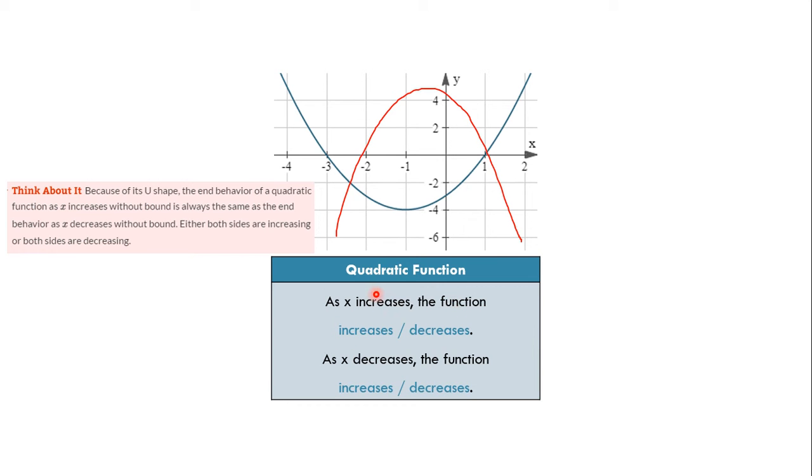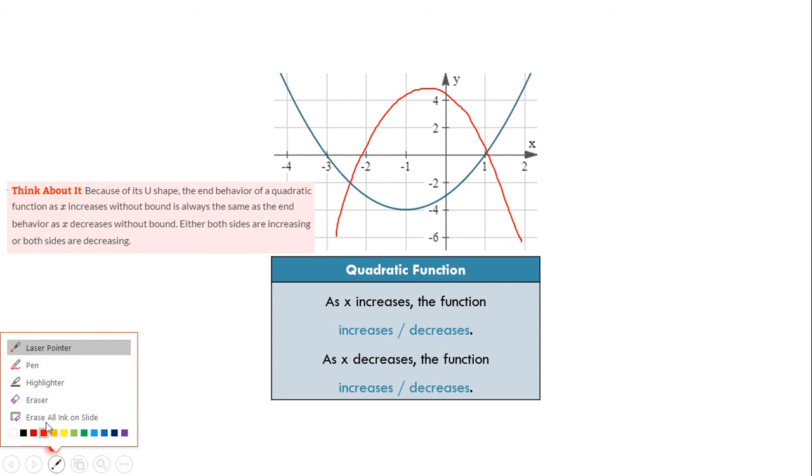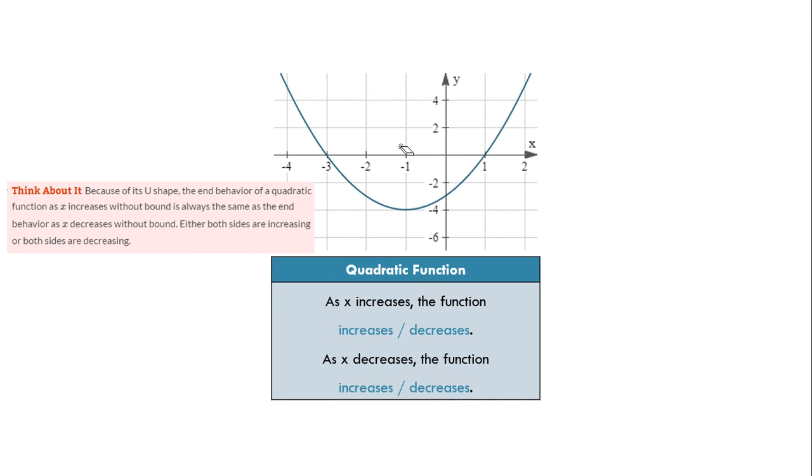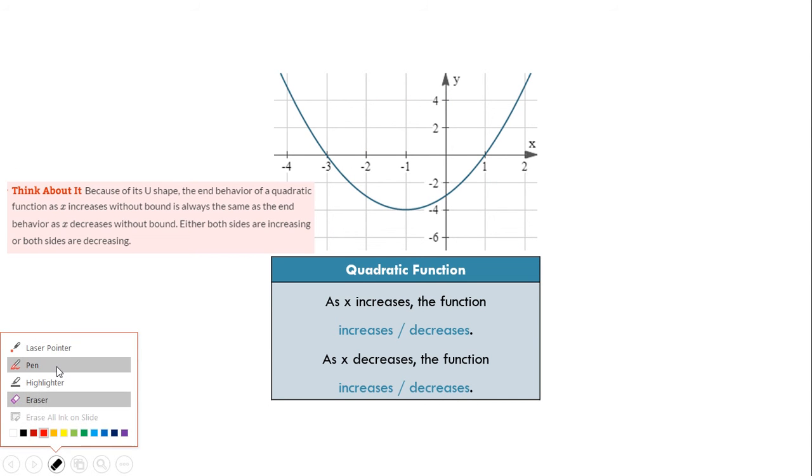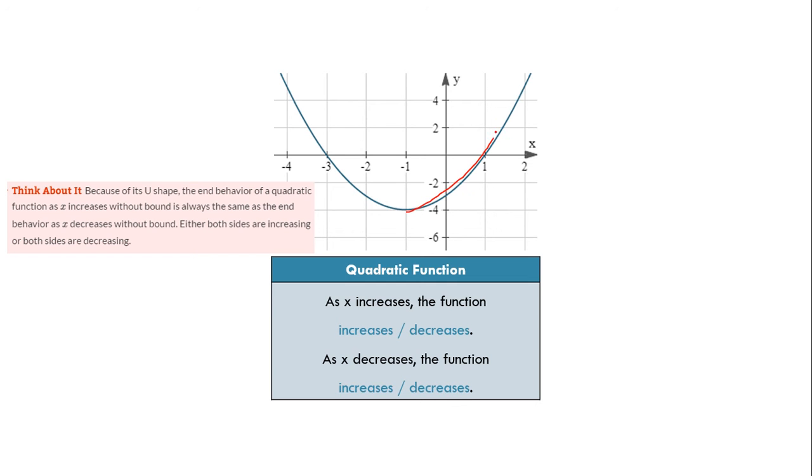So if you're going to increase as x increases, you are going to increase as x decreases, and vice versa. So in this case, since we have a graph that is opening upward, I'm increasing in both directions without bound. I'm going on forever in that y direction.